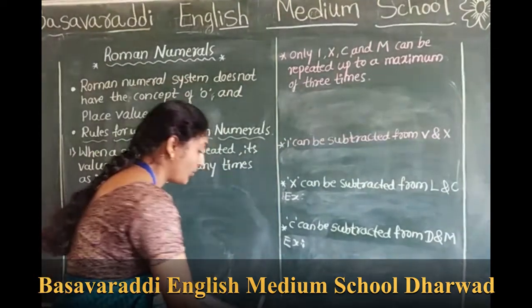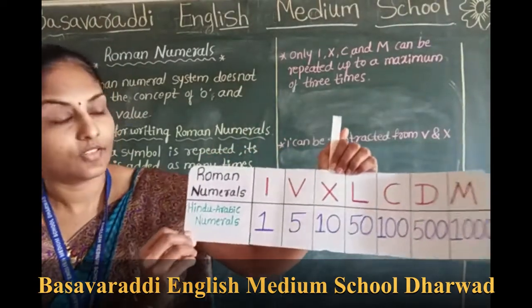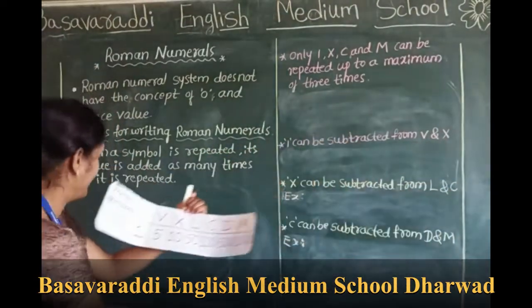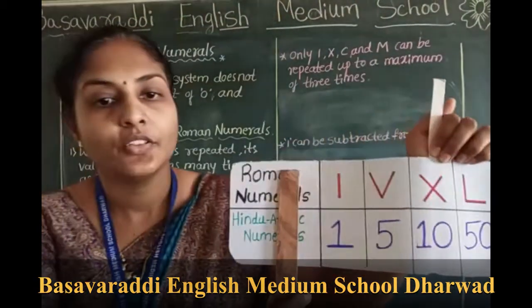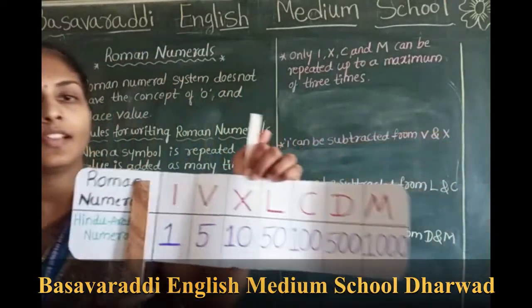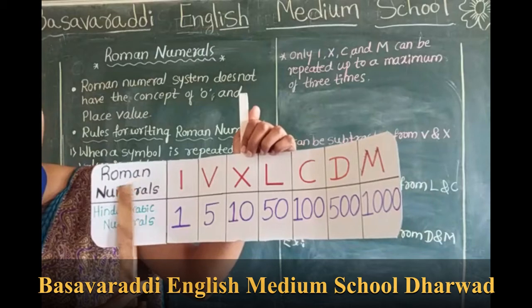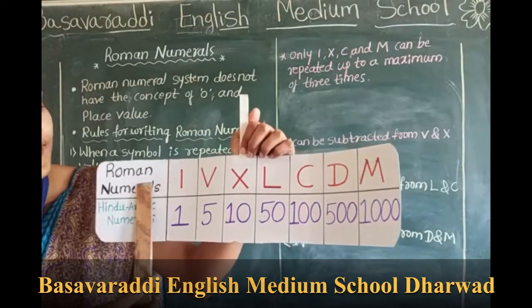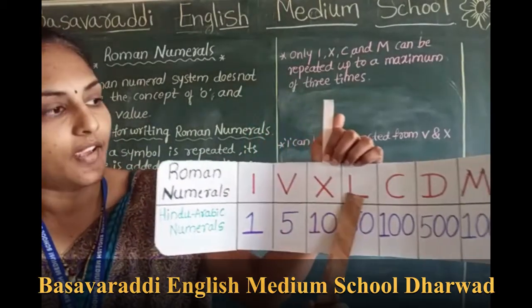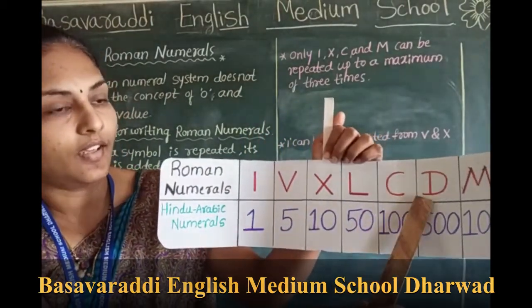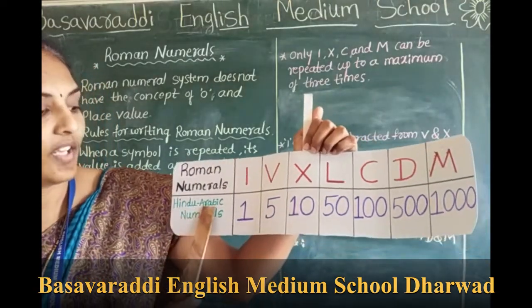Before that, I will show one chart. This belongs to the Roman numerals. Okay, Roman numerals have 7 basic symbols: I, V, X, L, C, D and M. Next, Hindu-Arabic numerals.